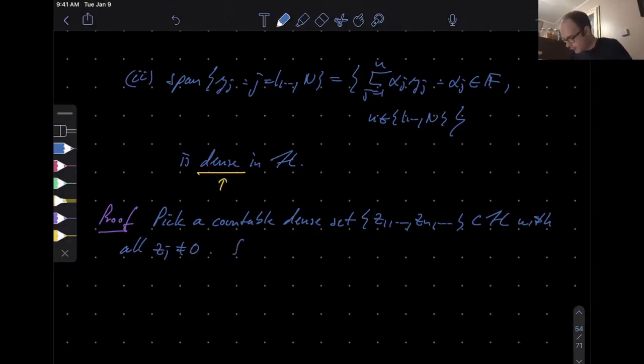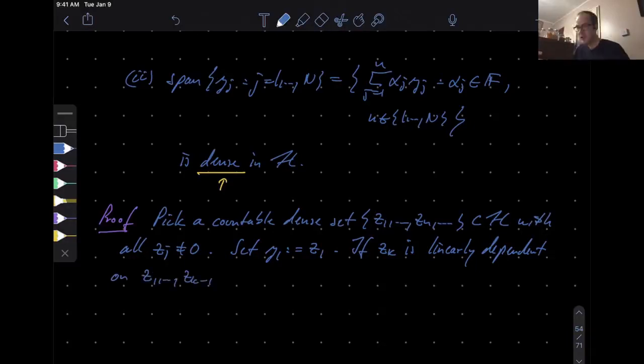And then you have to begin somewhere. So just pick the first one, call it y_1. And now in an inductive fashion, if z_k is linearly dependent on the previous k minus first vectors z_1 up to z_{k-1}, then you don't want to keep it, because you want to construct something linearly independent, so you drop it.